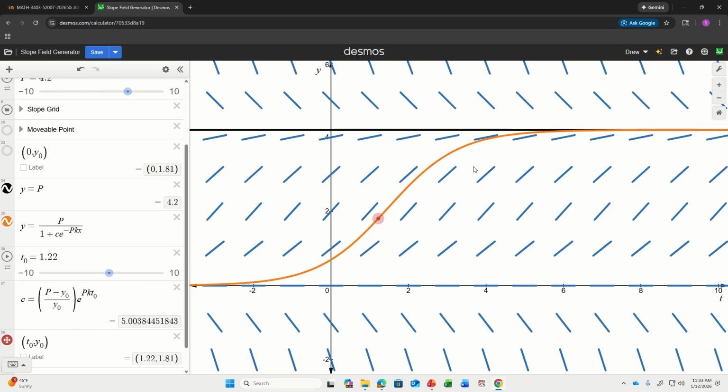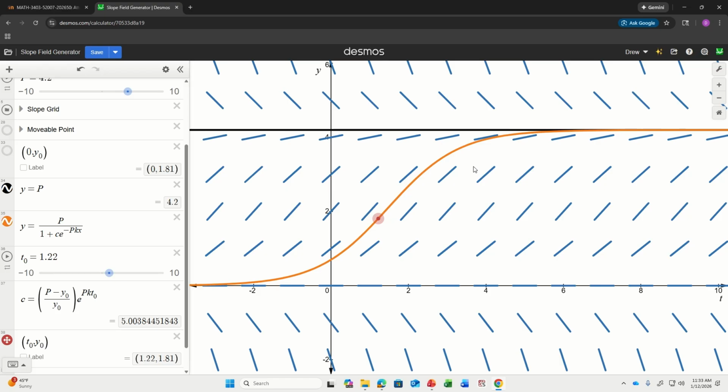Everybody sees how I did that? That's the solution to my ODE. That's the solution to my initial value problem. And then what I also have to type in Desmos is open parentheses t0 comma y0. And that's going to put this point in red on that coordinate pair.